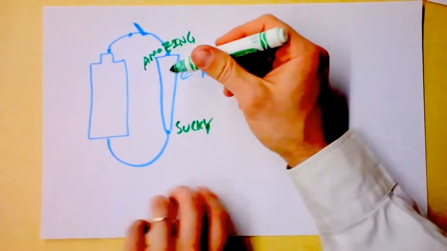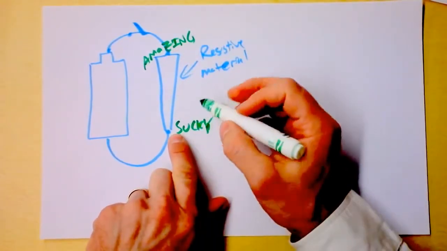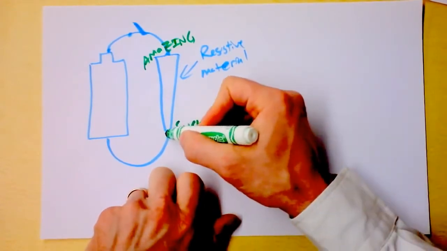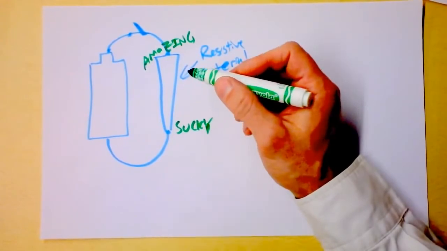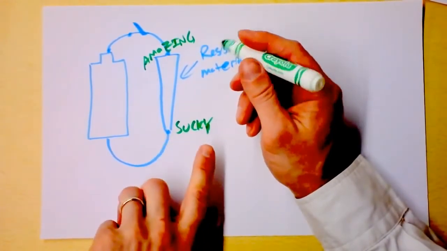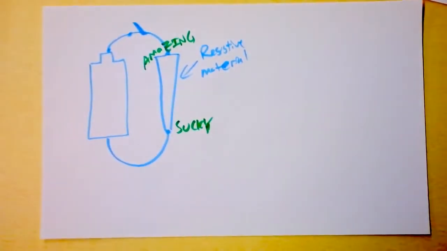The cool thing is it will heat up more quickly where the resistance is more. If the strip is shaped like a wedge, where is the greatest resistance, where would it heat up the fastest? Sure, it's down here.